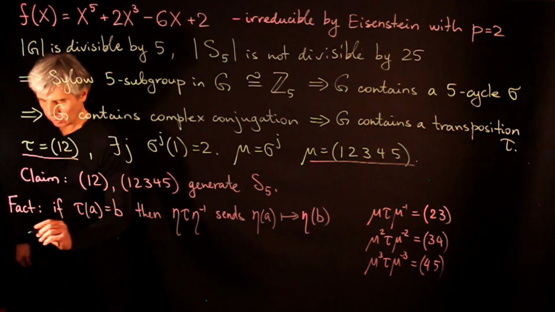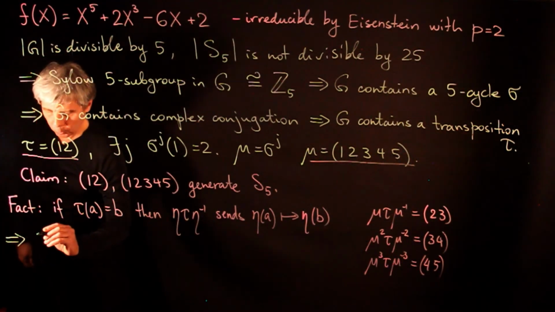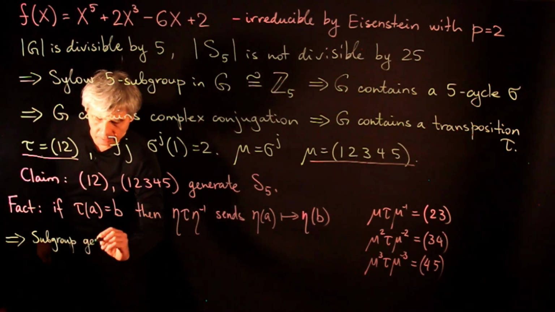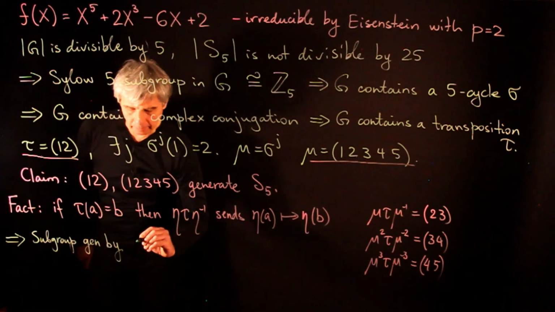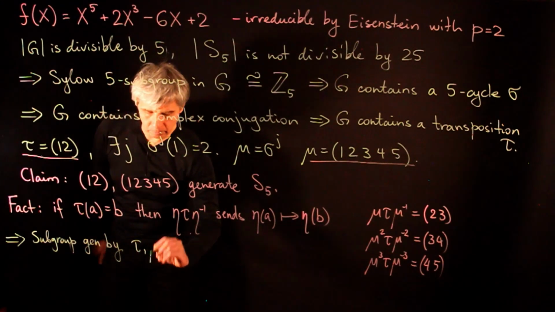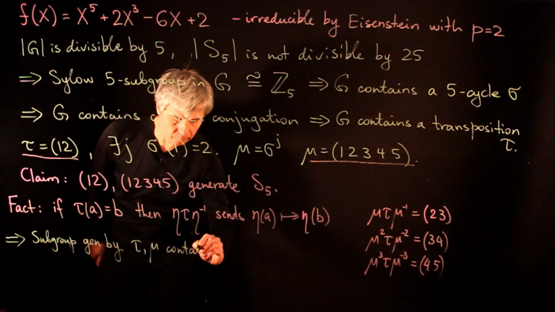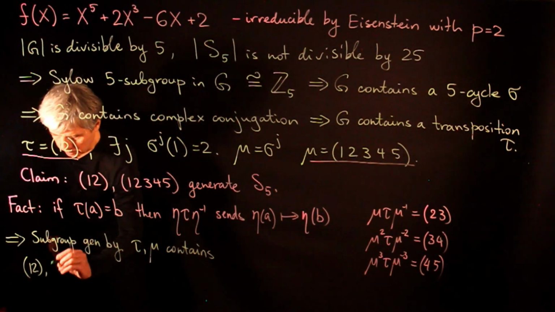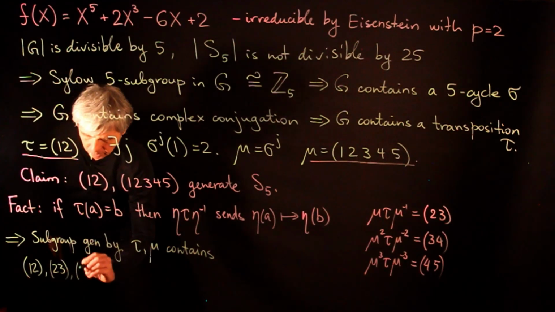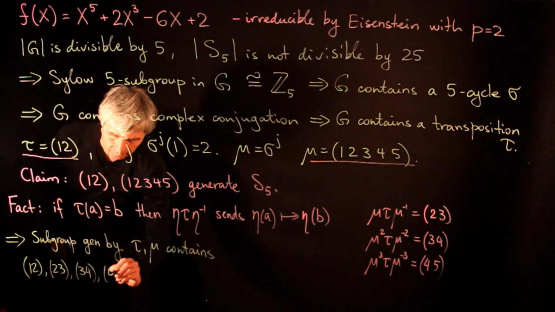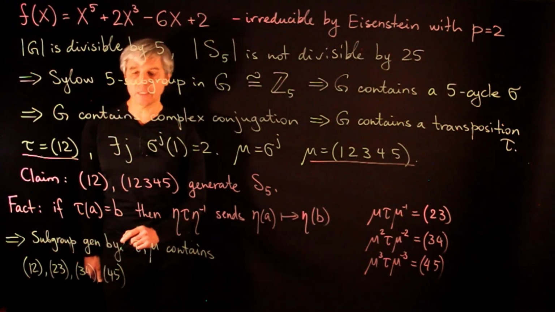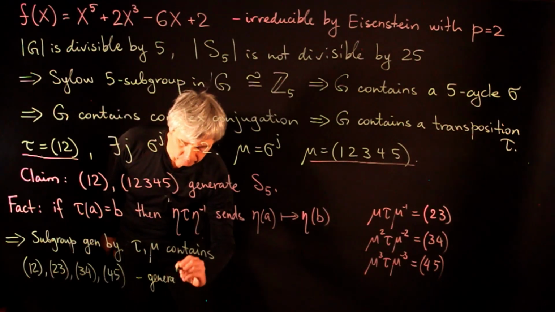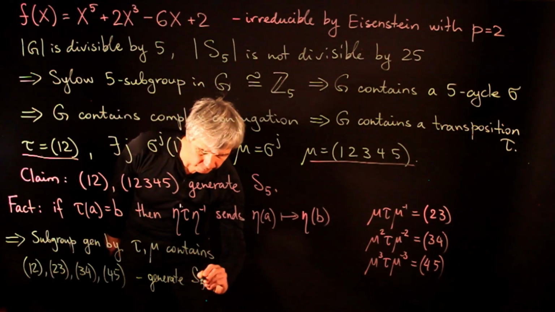So we obtain that the subgroup generated by mu and tau contains the elements (1 2), (2 3), (3 4), and (4 5). But we know that adjacent transpositions generate the whole group S5.